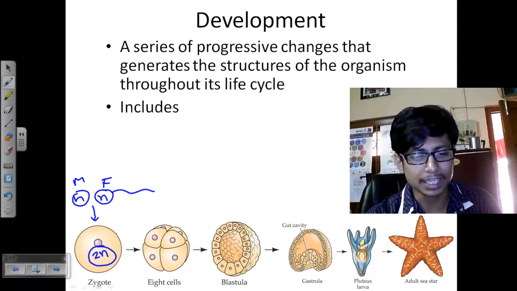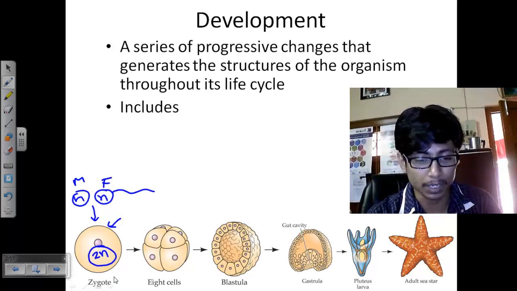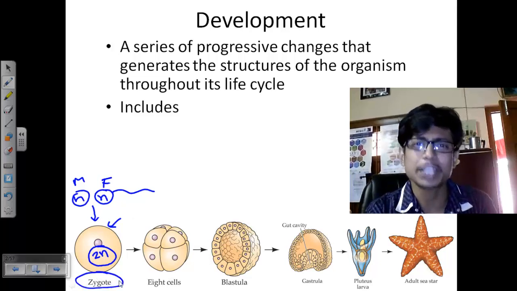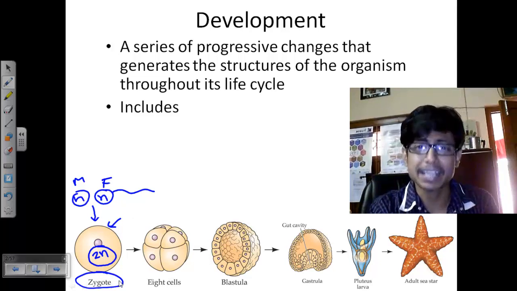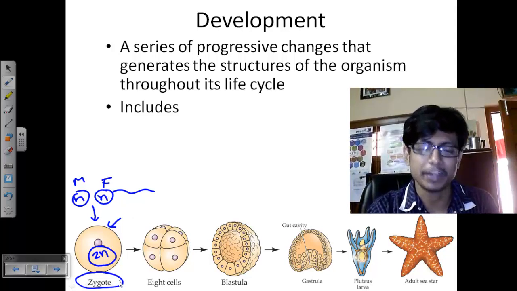All of us started our journey from that cell containing 2n chromosomes, a cell we call a zygote. Every one of us started as a zygote, and then cell division takes place, cell-cell interactions take place, a tremendous amount of genetic interactions take place, and finally we are developed.